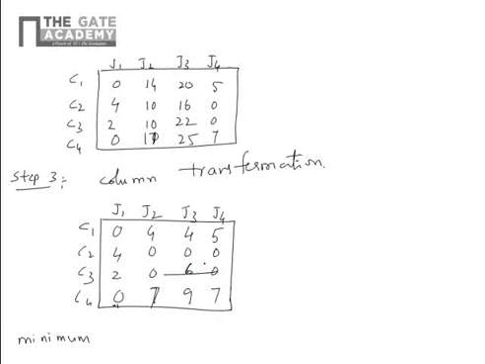So I am using 3 lines to cover all the zeros. Because the number of lines is less than n, which is 4, we need to improve. Now for the values which are not covered, select the smallest value, which is 4.